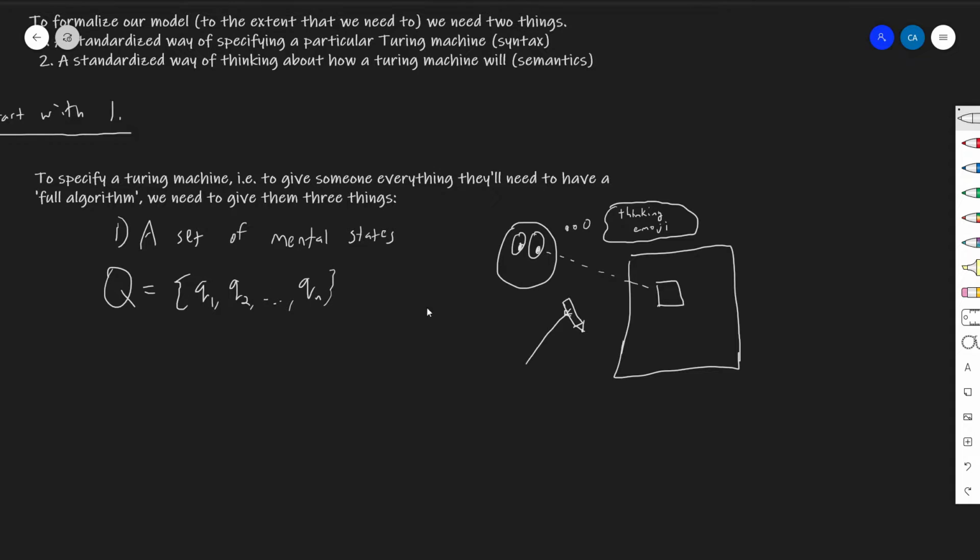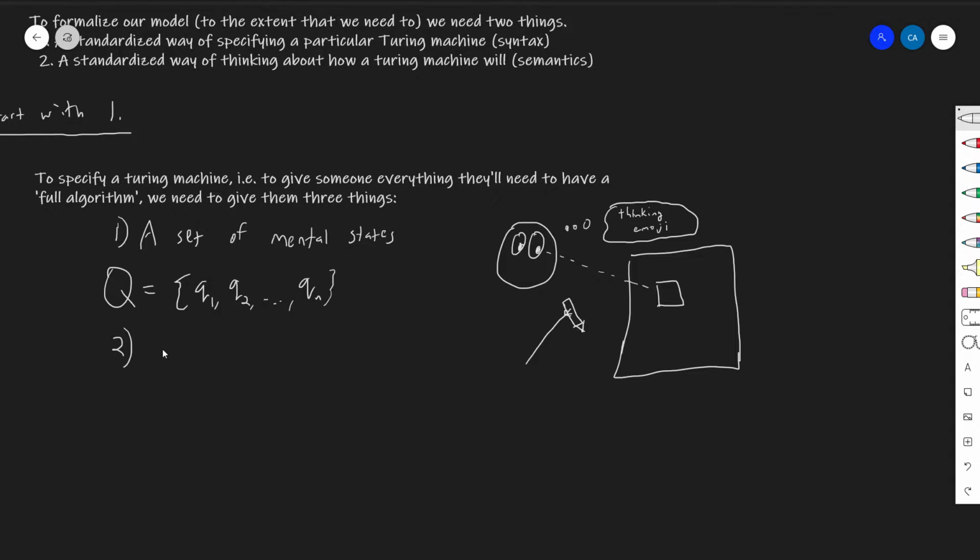So these are all the mental states. At any point, I'm in one of these, right? Maybe Q1 is the state where I'm adding two numbers and I am currently carrying the 1, right? I have a mental state for that. That's what the mental states are, and I'm going to have a set of them, and it's going to be finite. So that's number one.